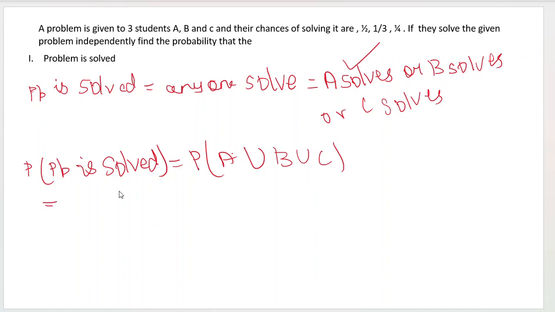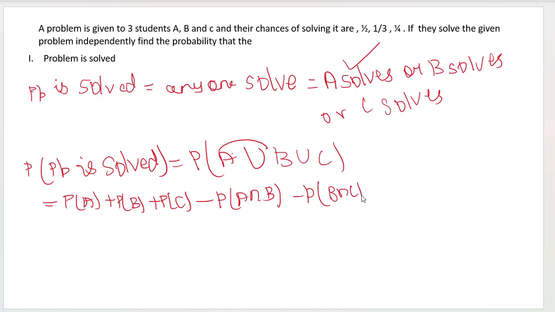So now we use that formula. Probability is equal to probability of A plus probability of B plus probability of C minus P of A and B, that is the two pairs, minus P of B intersection C minus P of A intersection C plus P of A intersection B intersection C. Now, we know P of A, which is given to us as the probability that A solves the problem, is half.